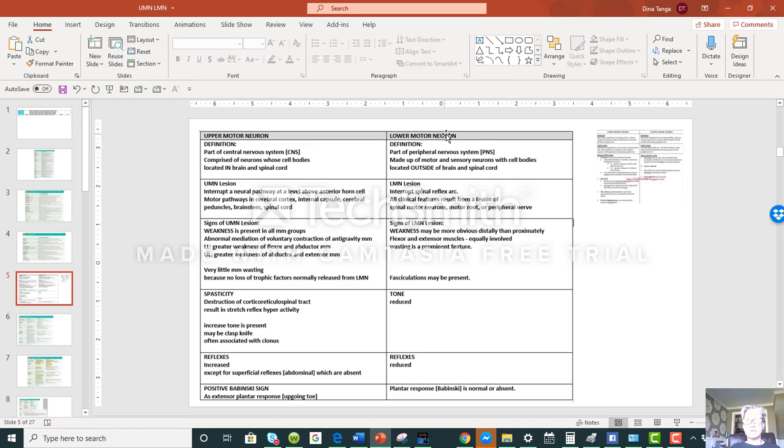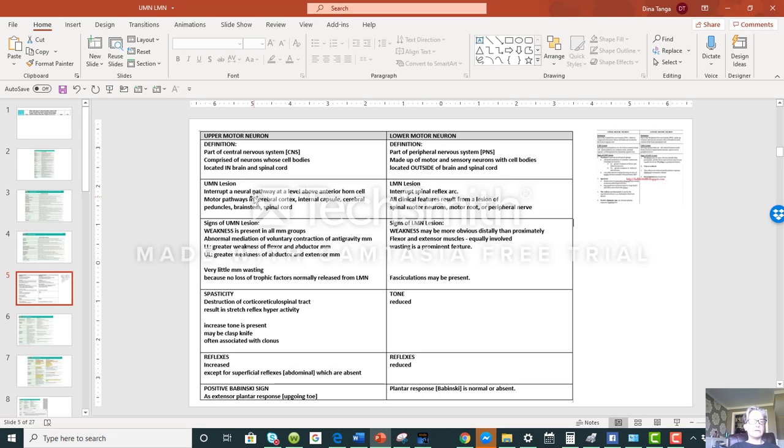The lower motor neuron is a part of the peripheral nervous system, and it's made up of motor and sensory neurons with cell bodies located outside of the brain and spinal cord. So, upper's in, lower's out.